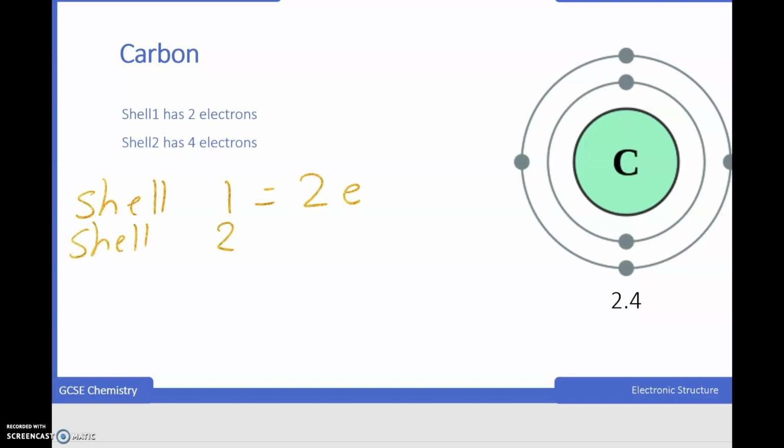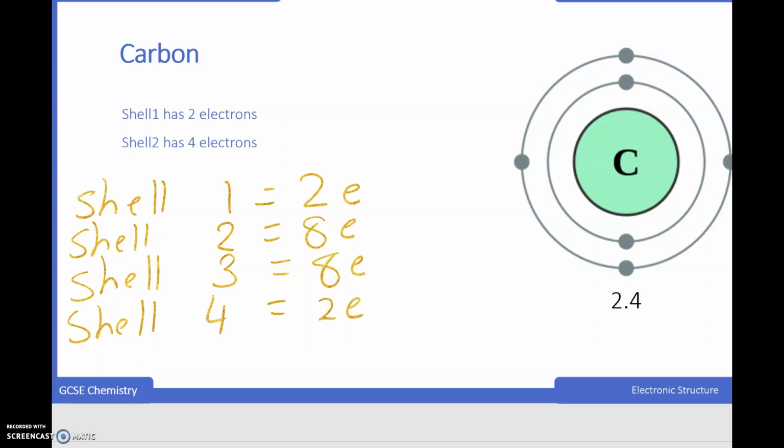In shell 2 you can have a maximum of 8 electrons. Shell 3, you can have 8 electrons, and shell 4, you can have a maximum of 2 electrons. This is for GCSE, so this electronic configuration is from hydrogen to calcium. This is an octet rule that only works up to here, and when you watch the A-level video, you will see we introduce transition metals where this rule does not follow.